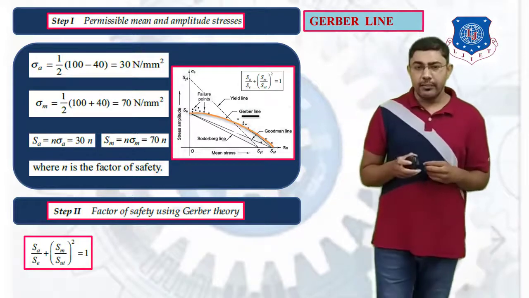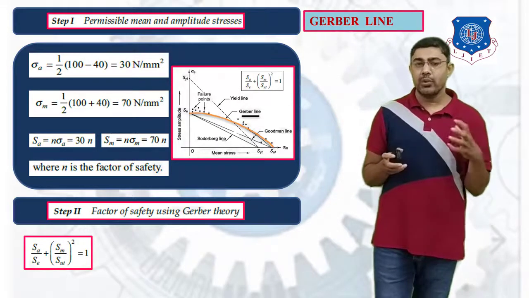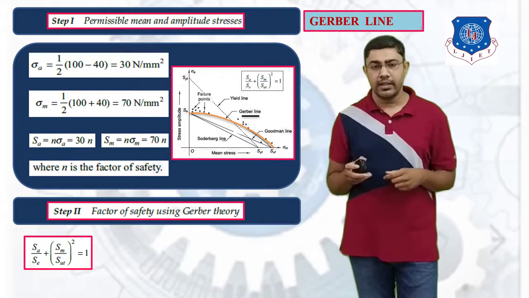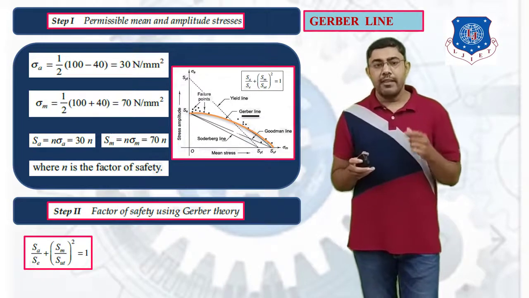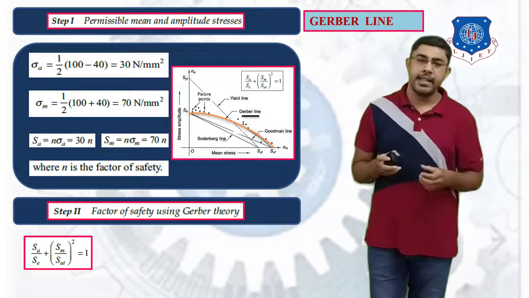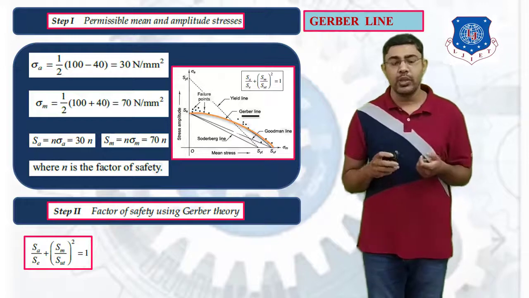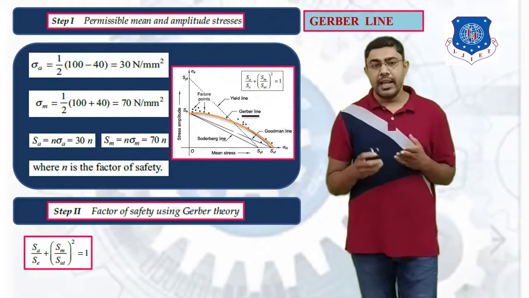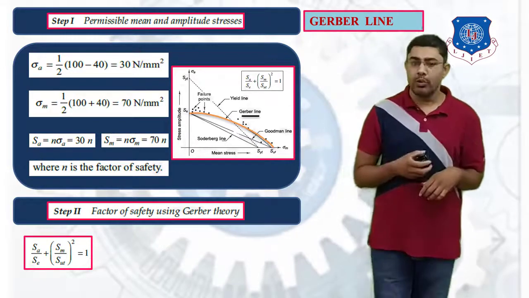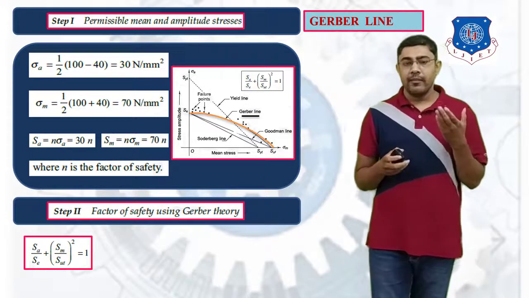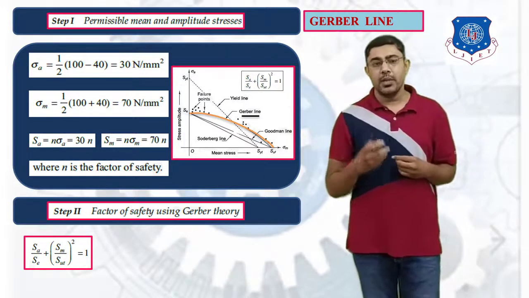We have SA equal to 30 n and SM equal to 70 n, and we also need AC and SUT.